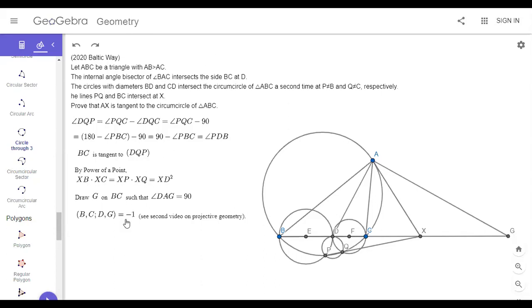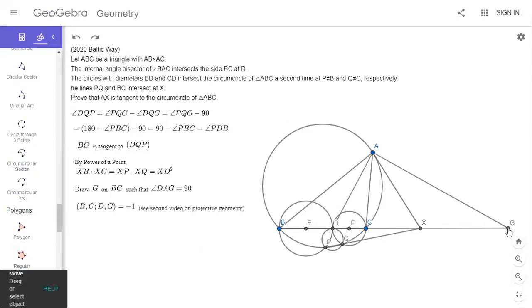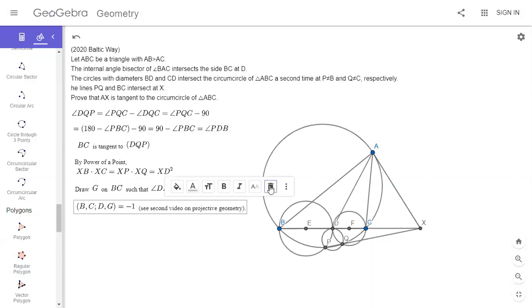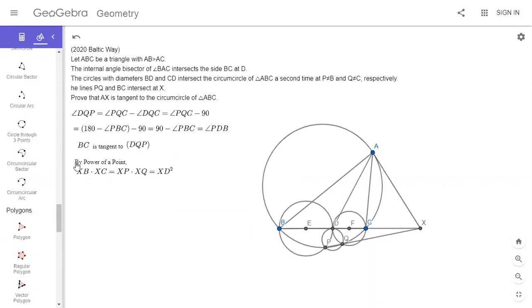All right, so what I'm going to do is get rid of point G temporarily. I'm going to think about it a different way. So we have this equation right here.